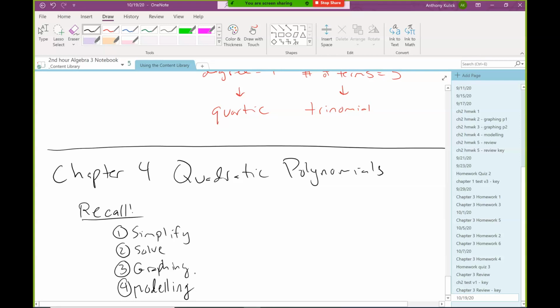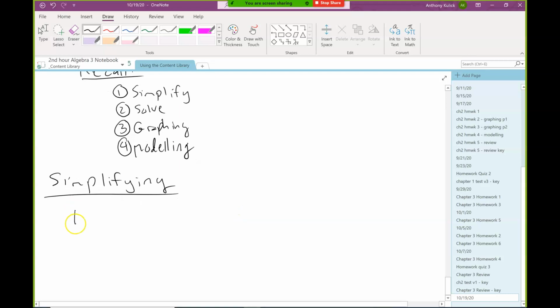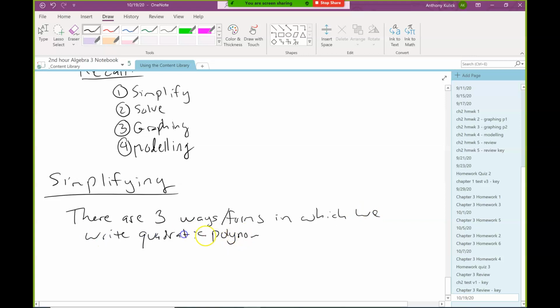I do know that today we're specifically going to start our discussion of simplifying quadratic polynomials by first identifying 3 forms in which we commonly write our quadratic polynomials.